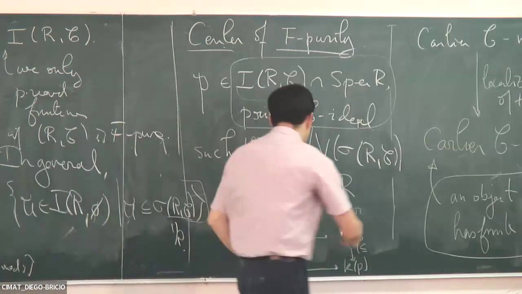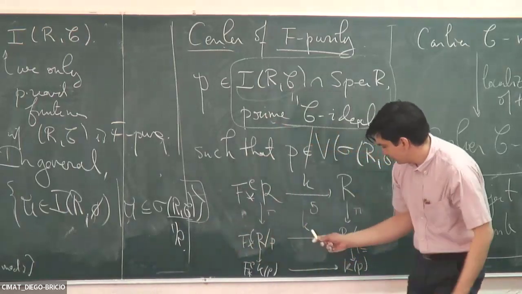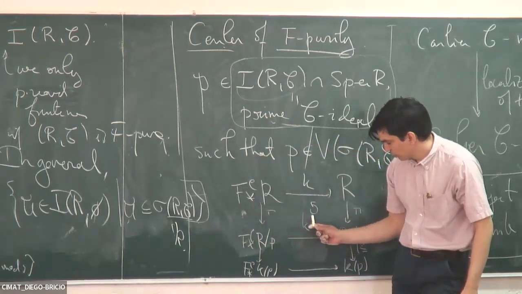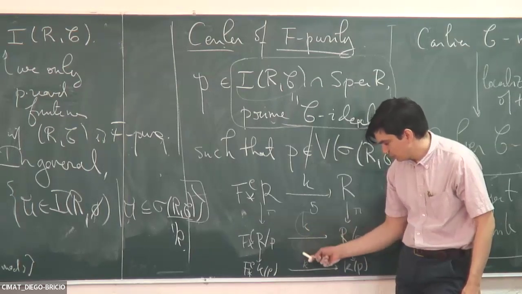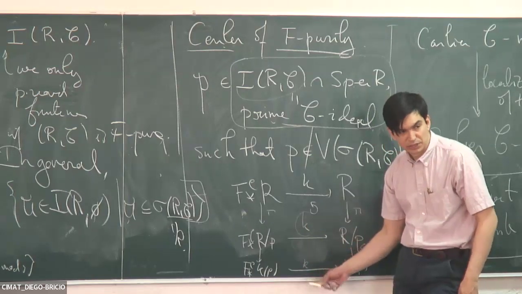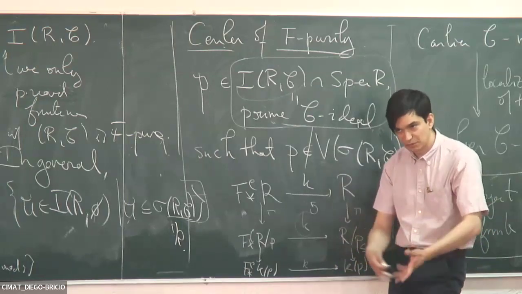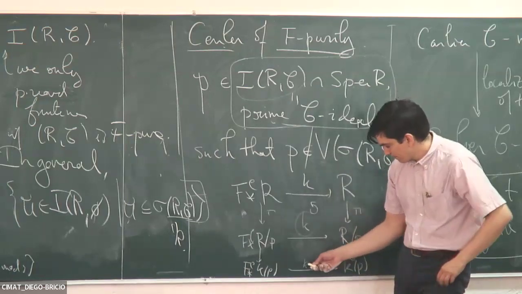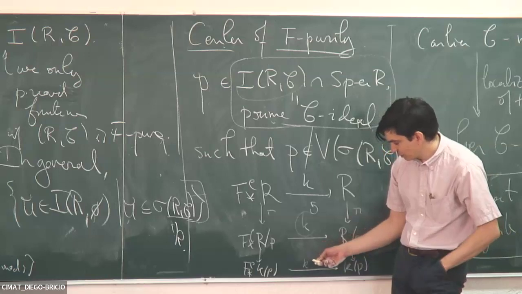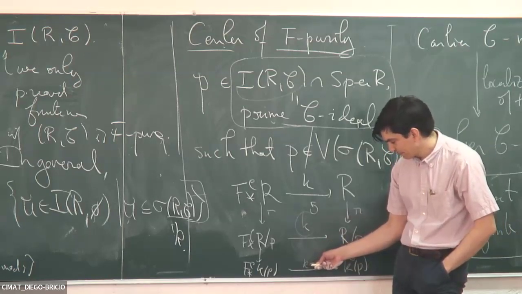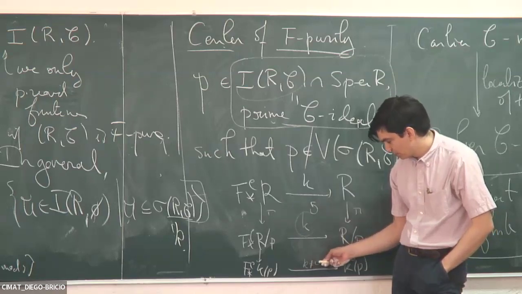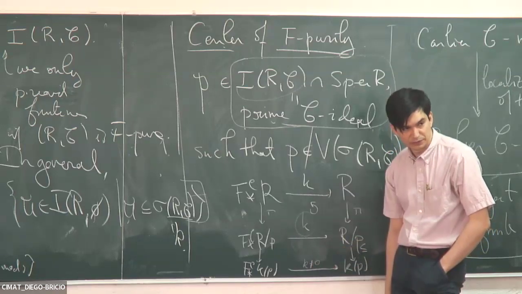So you have kappa, and something we have seen is that localization is fine. You can take kappa and you can localize it. So you don't need anything to induce the action on the localization, because Frobenius commutes with localization. But what is the center of purity condition? You want this map to be non-zero at the residue field.